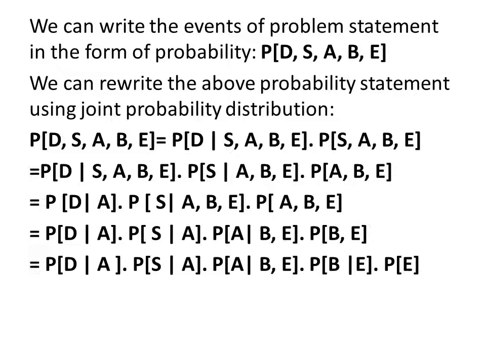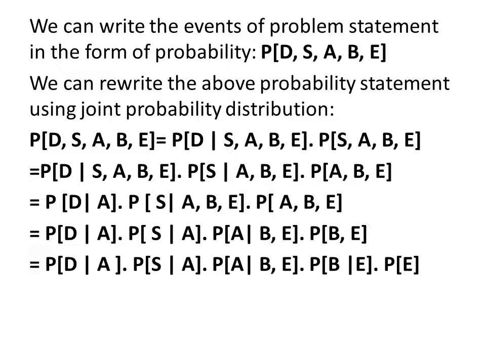Probability of D, S, A, B, E equals probability of D given S, A, B, E multiplied with probability of S, A, B, E. Again it is split from the previous equation: probability of S given A, B, E multiplied with probability of A, B, E, equals probability of D given A multiplied with probability of S, A, B, E multiplied with probability of A, B, E.